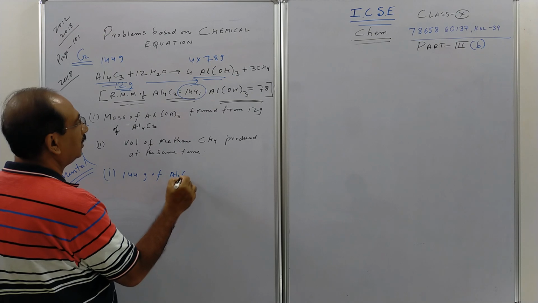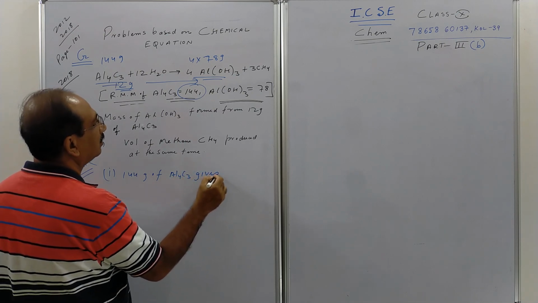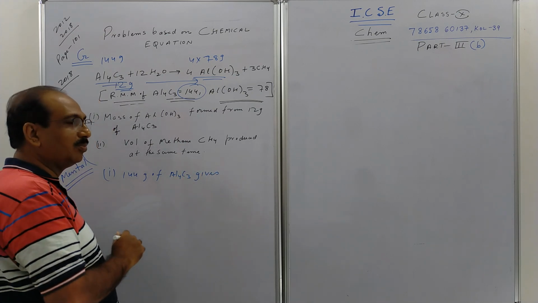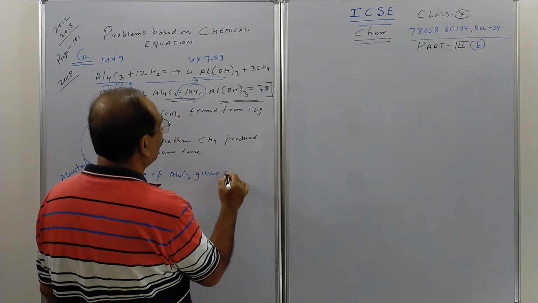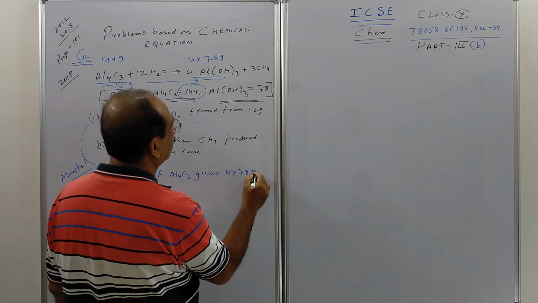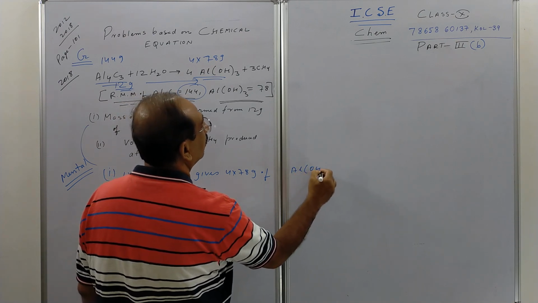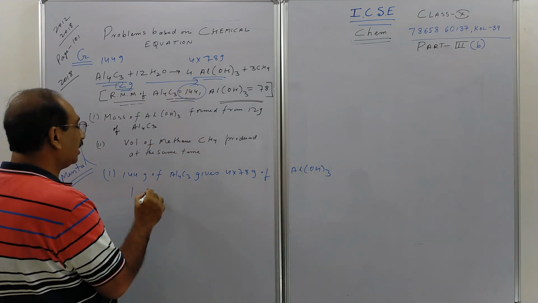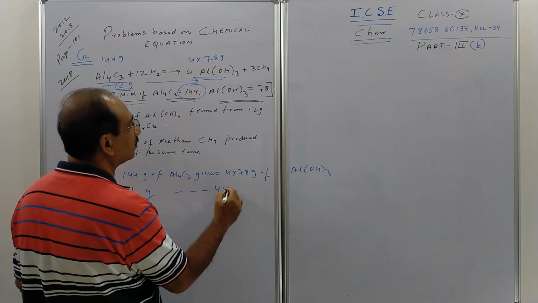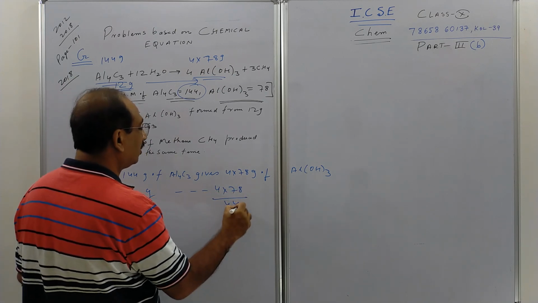So 144 gram of aluminum carbide gives, this is the unitary method, I'll show you the ratio method also, gives 4 into 78 gram of aluminum hydroxide, Al(OH) is twice. So 1 gram will give, children, 4 into 78 by 144.